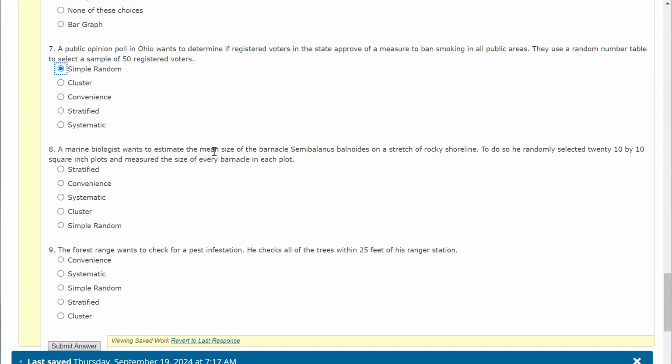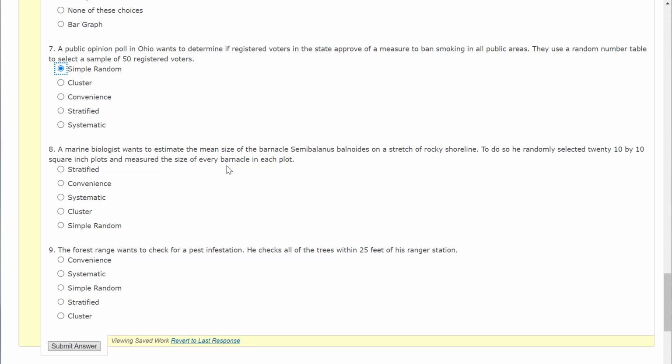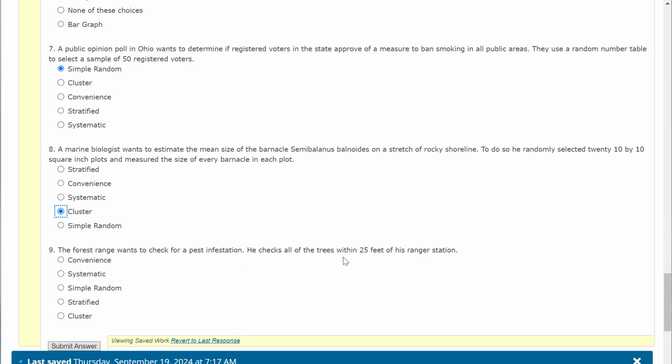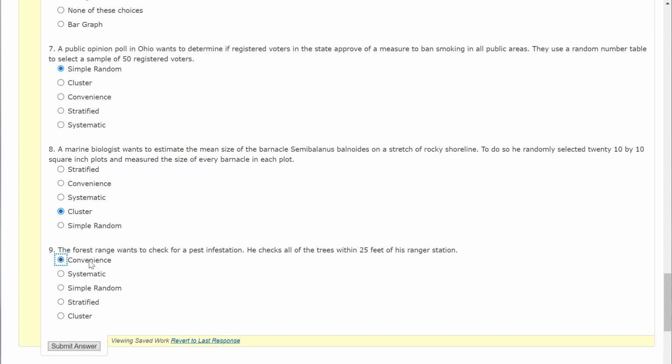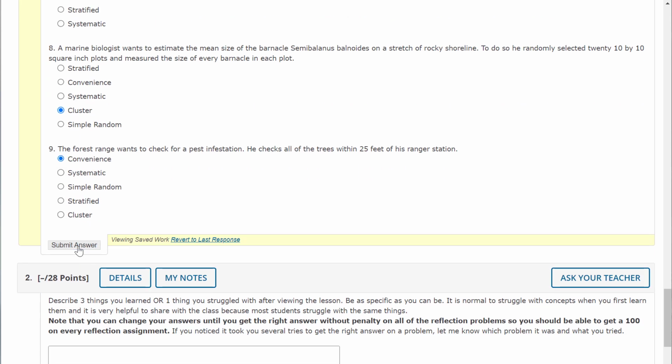He randomly selected 20 10 by 10 plots and measured the size of each barnacle in each plot. So he's selecting clusters, little areas on the ground. The forest ranger, pretend it says ranger, wants to check for a pest infestation. He checks all the trees within 25 feet of his ranger station. That sounds pretty lazy to me. We call that a convenience sample. Submit answer.